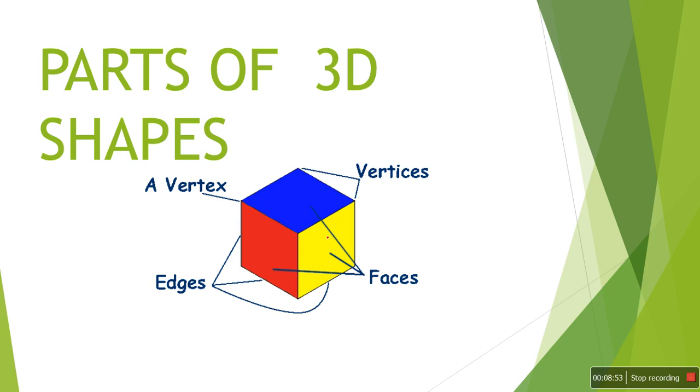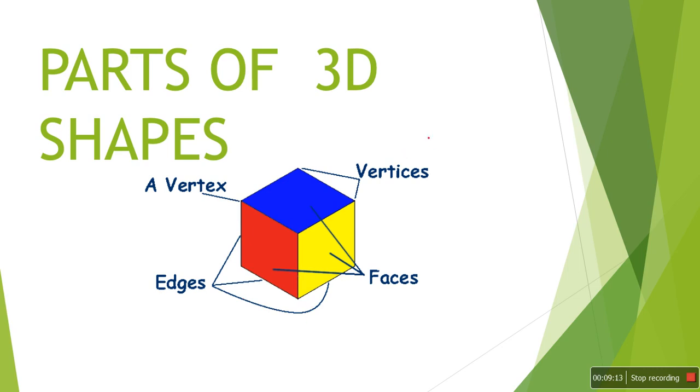And faces we have already discussed. What are the faces? That's this blue one, yellow one and red one. And edges, as usual in 2D shapes: this one is an edge, this one is an edge. An edge is basically a straight line, like this one and this one.